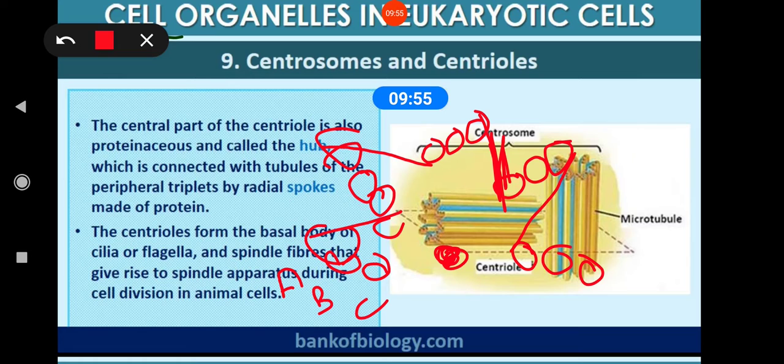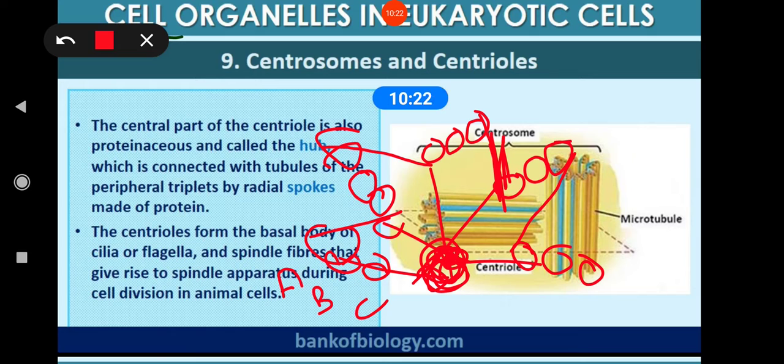The central part of the proximal region of the centriole possesses a rod-shaped proteinaceous mass known as a hub. So inside this, it is a hub. What is it called? Hub. So it gives the appearance of a cartwheel. How? Now they are connected to each other like this.